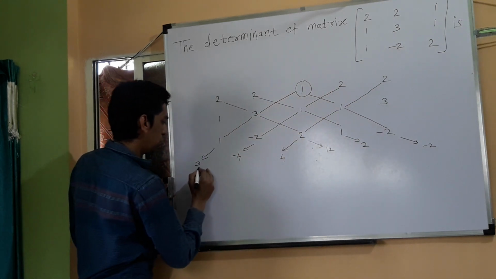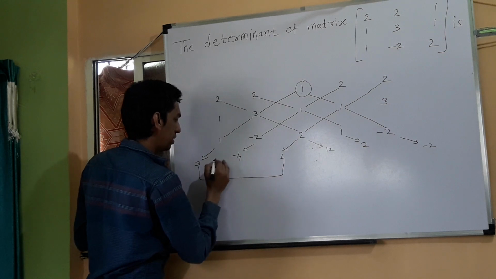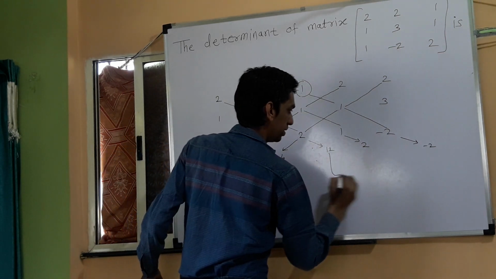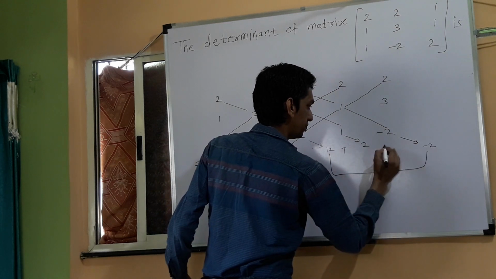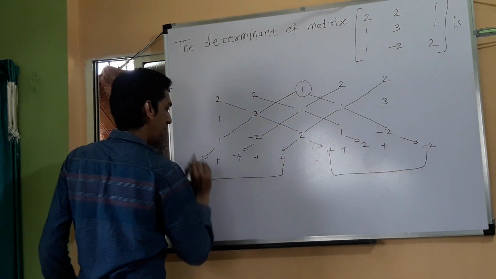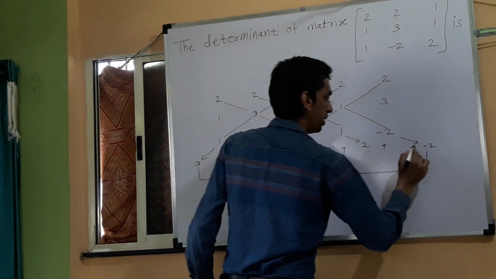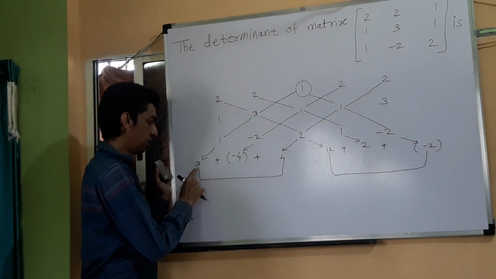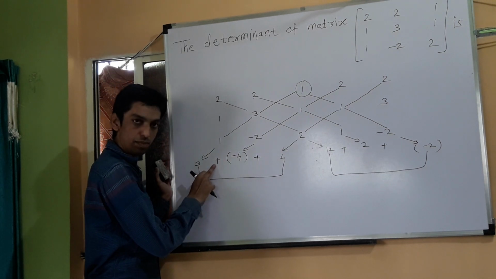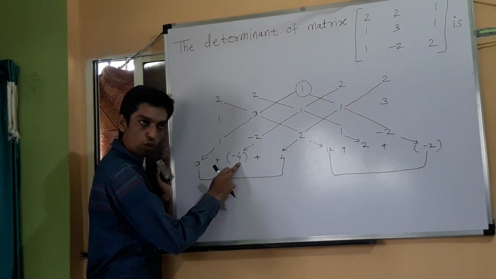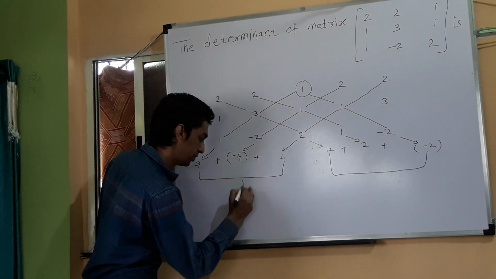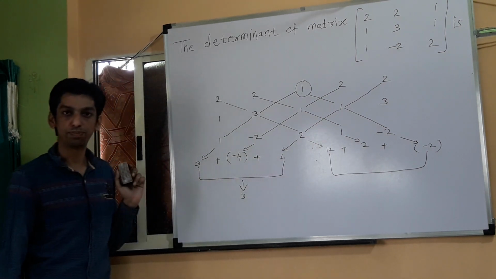Now we have to add all these elements. Adding these three: 3, minus 4 gives minus 1, minus 1 plus 4 is 3. So its sum is plus 3.